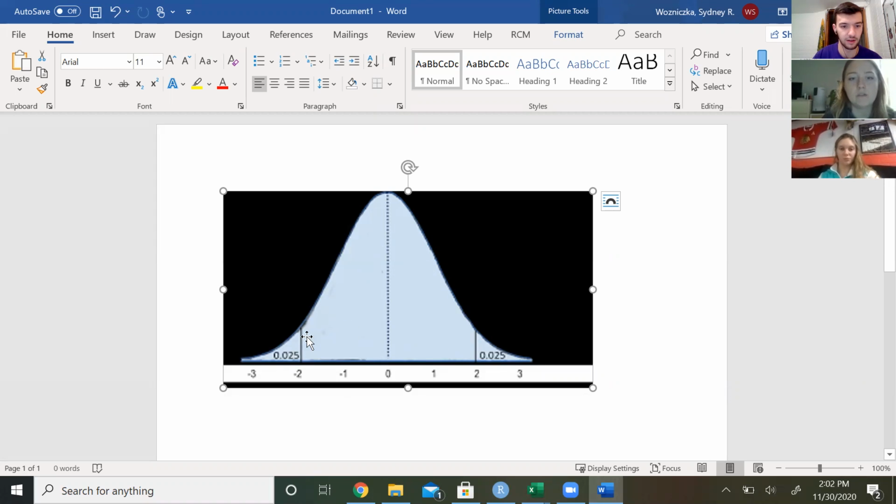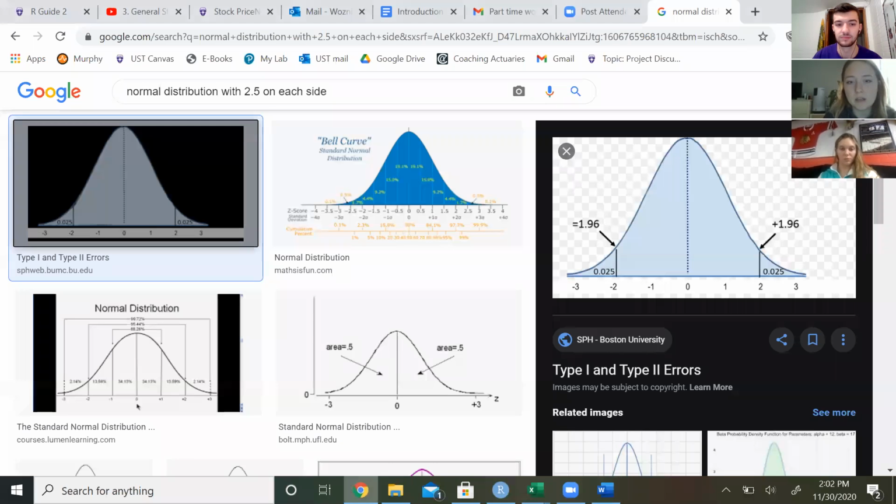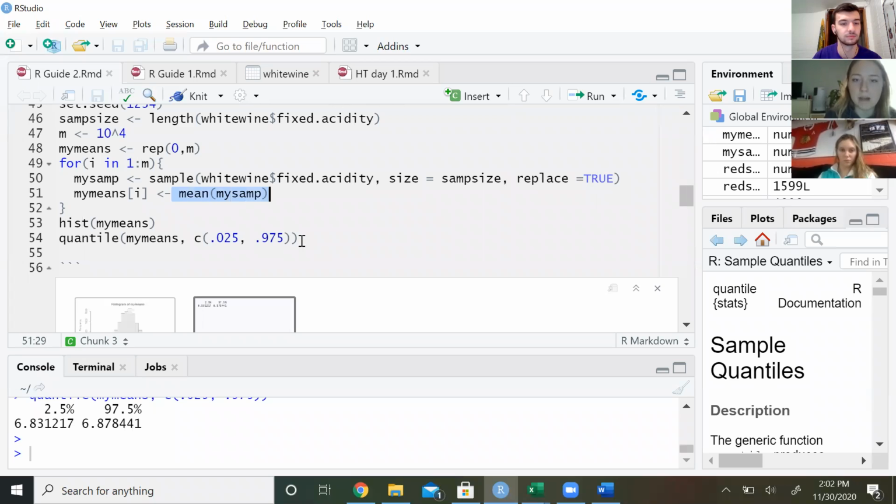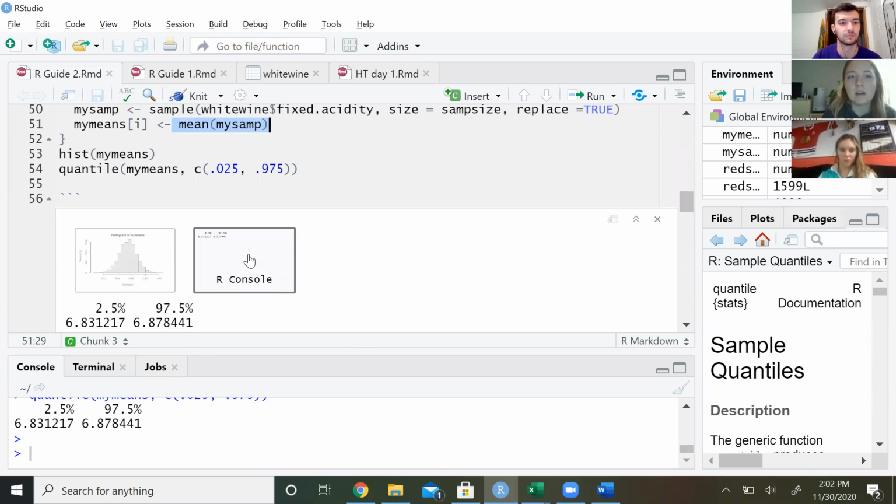Yeah, so what the confidence interval numbers are actually measuring are these lines right here, which are going to be the mean that we calculated. So it'll be this mean of my samp, those boundaries of what contains 2.5% in each tail and what contains that 95% in the middle.